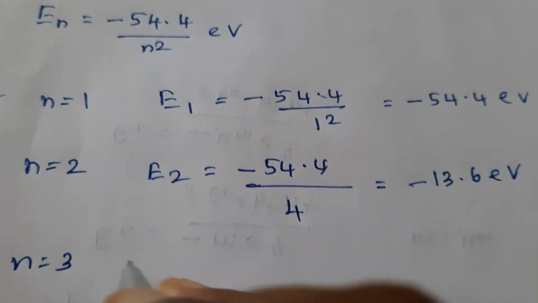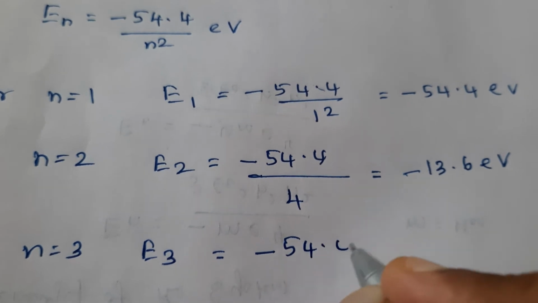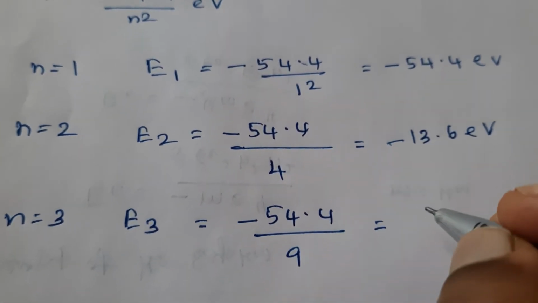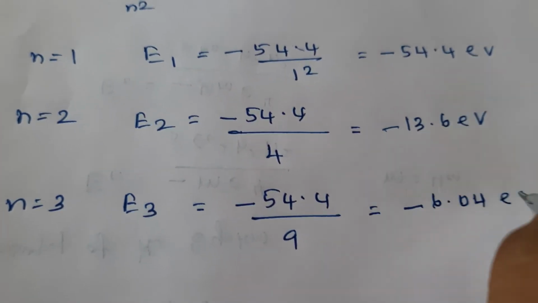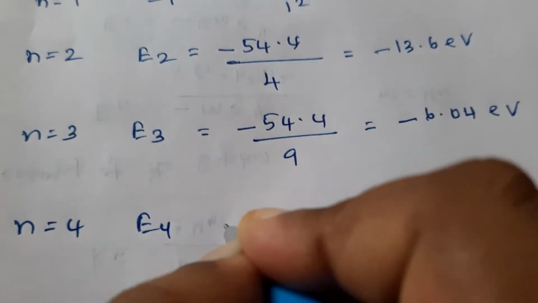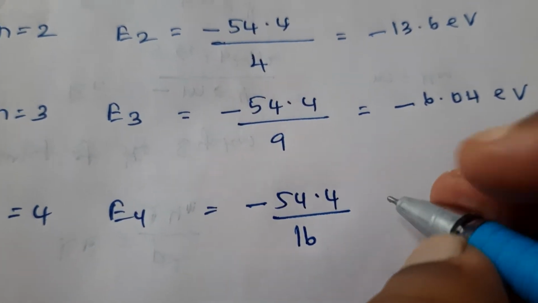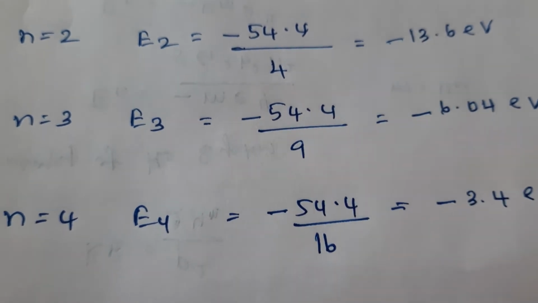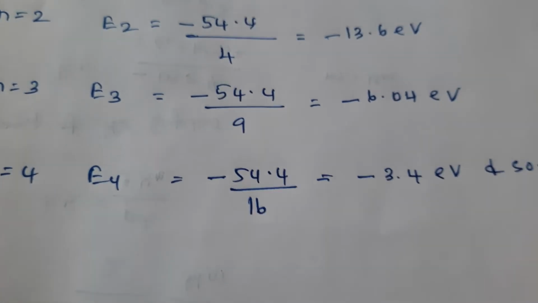Now n = 3. E3 = -54.4 divided by 3², which is 9. If you divide this, you will get -6.04 electron volt. n = 4: E4 = -54.4 divided by 16, so you will get -3.4 electron volt, and this will go on like this, so on.